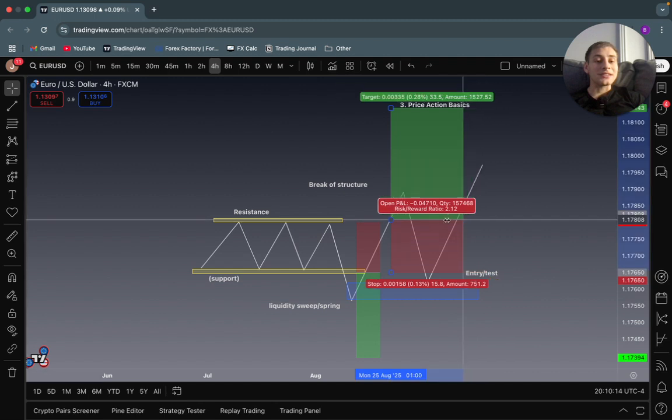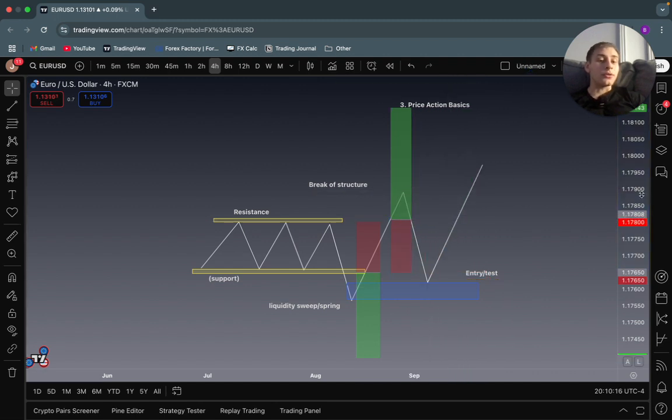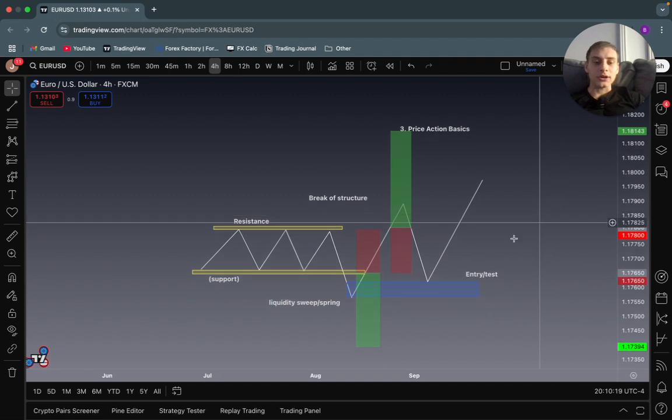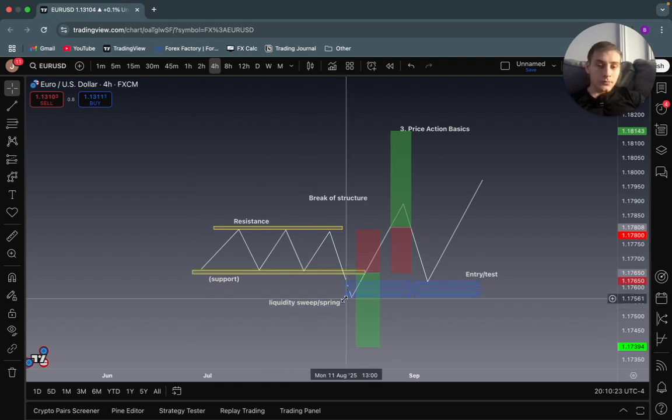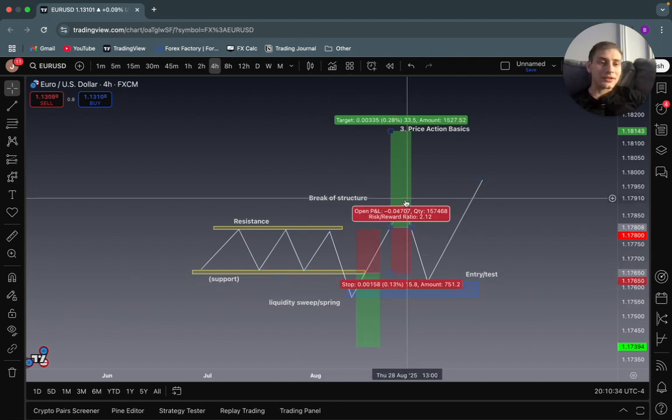And so you guys can see it's literally just the manipulation of the market, basic price action here. What we call this, guys, is not necessarily a liquidity sweep. I'll get into that as the days go on, but for the most part, it's a sweep or a spring. Once you have the spring, right, it shoots price to the upside.